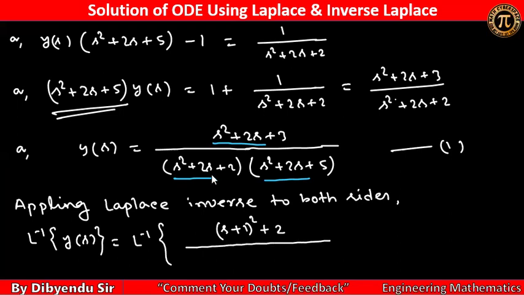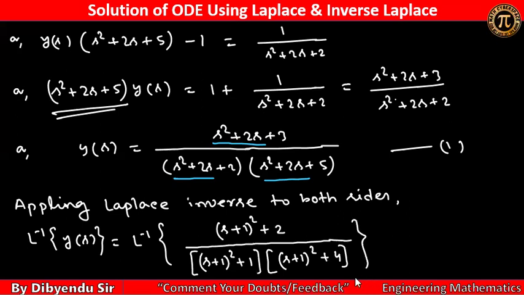Similarly s squared plus 2s plus 2 we can write as (s plus 1) whole squared plus 1, into s squared plus 2s plus 5, that means (s plus 1) whole squared plus 4. Clear?